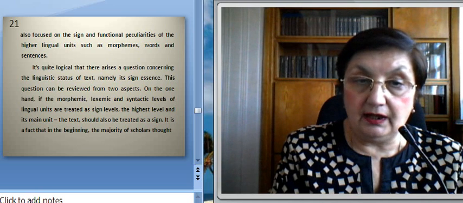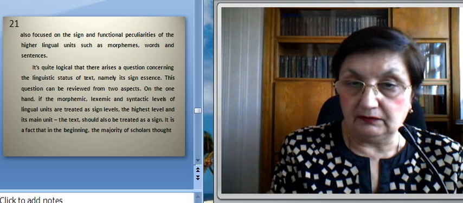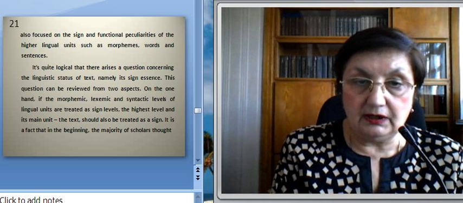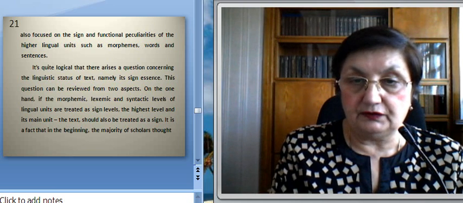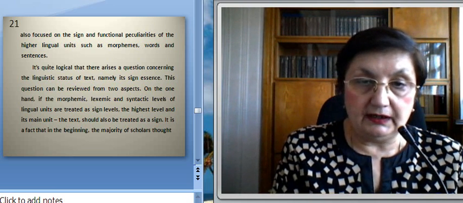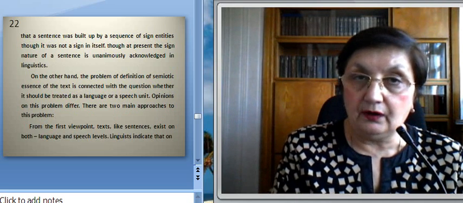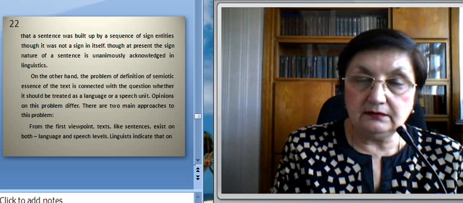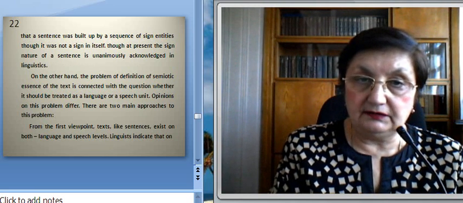It is a fact that, in the beginning, the majority of scholars thought that a sentence was built up by a sequence of sign entities, though it was not a sign in itself. At present, the sign nature of a sentence is unanimously acknowledged in linguistics.